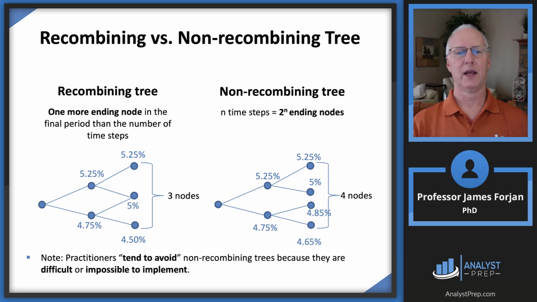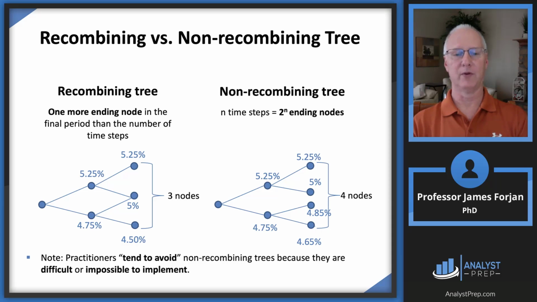Now let me define the recombining tree versus the non-recombining tree. I want you to focus on that time period 0, that time period 2 over on the left-hand illustration. You see the 5% on that middle node? How can we get to that 5%? From time period 0, we can either go up to 5.2 and then down to 5.